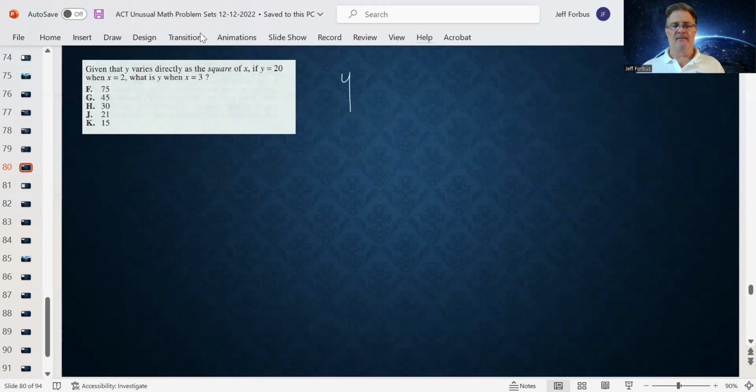Given that y varies directly with the square of x, there's a relationship between y and x. We're going to call that relationship k, the constant of proportionality. We have to figure what k is. We're going to take all the information that they gave us, and then we're going to substitute it in.